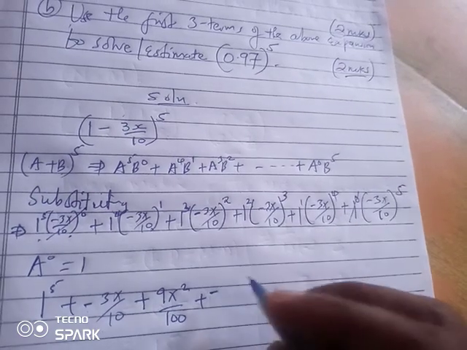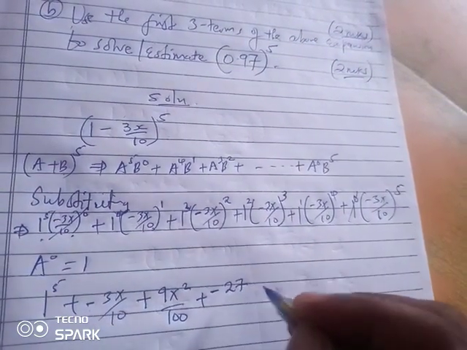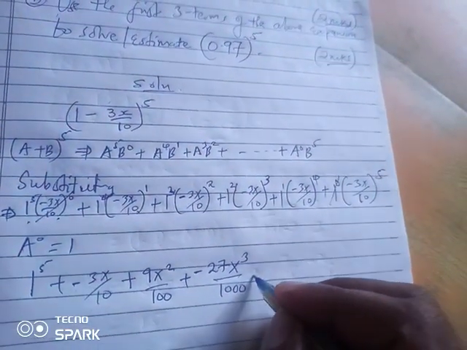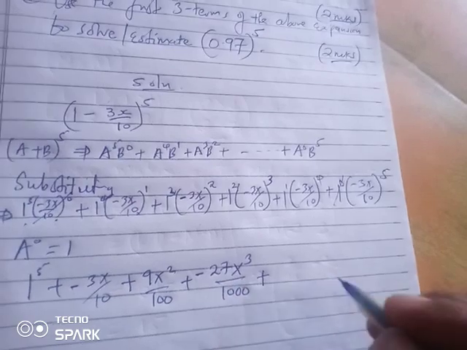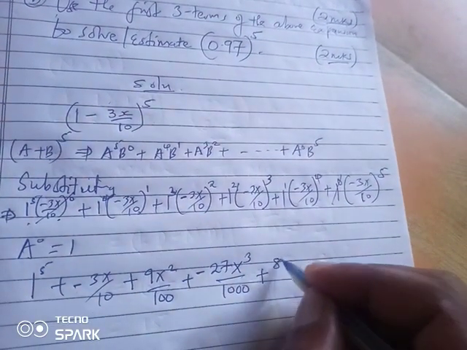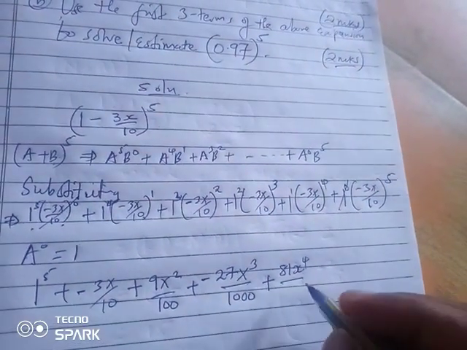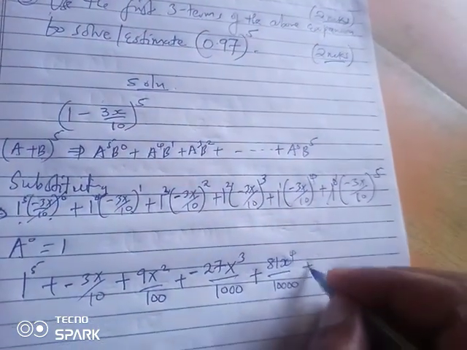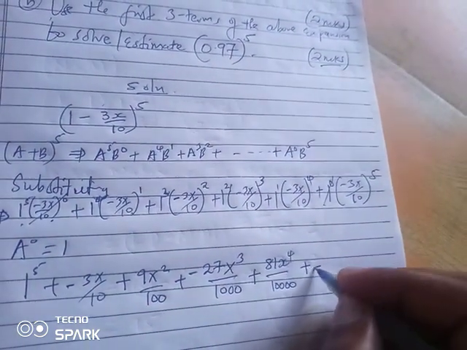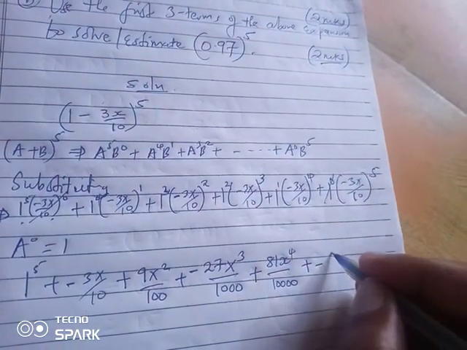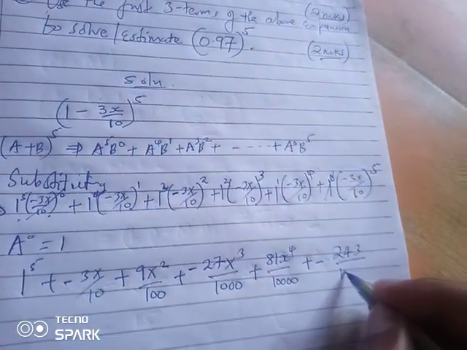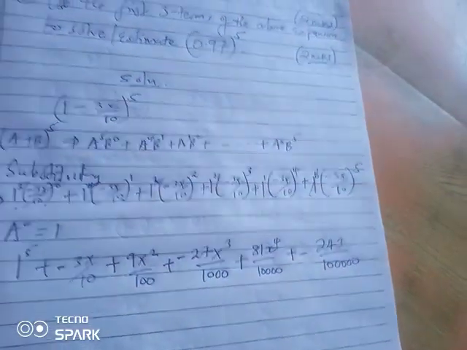That is going to be minus 27x cubed all over 1000, plus now 81x power 4 all over 10,000, plus that is minus 243x power 5 all over 100,000. So there, guys, there we are.